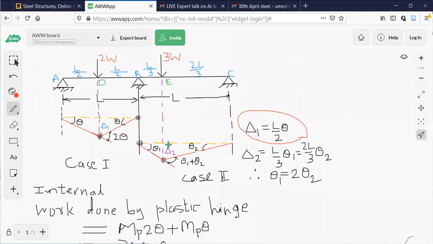Similarly, delta 2, which comes later actually, but I have done it here. Delta 2 is equal to this distance into theta 1. Very simple it is. Tan theta is removed, that's all, because if the angle is very small and it is in radians, you calculate tan theta as well as theta, the value will remain the same. You can try that one.